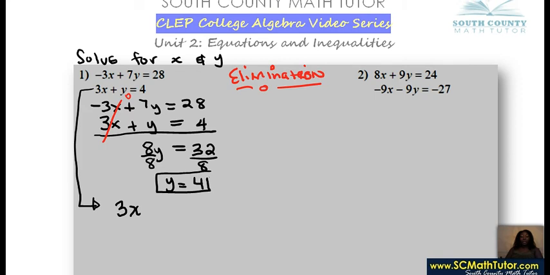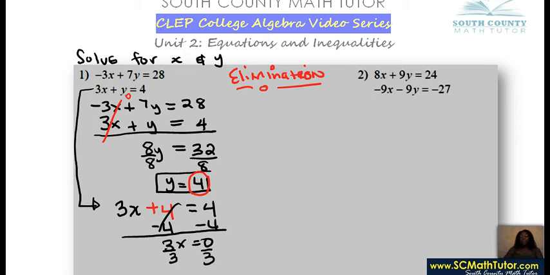So 3x plus 4 equals 4. Now I need to solve for x. Subtract 4 on both sides. 3x equals 0. Divide both sides by 3.